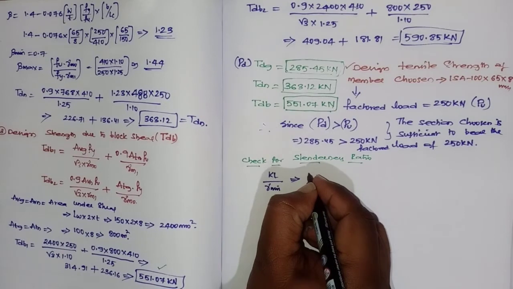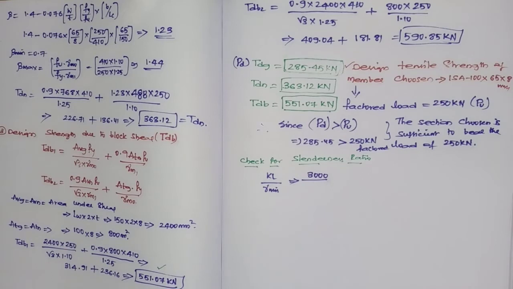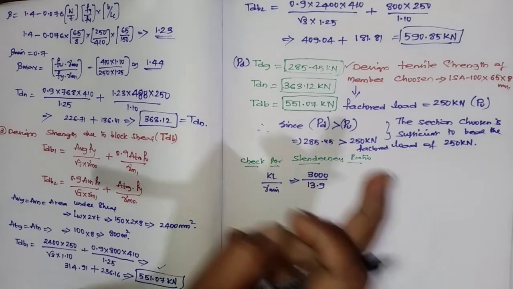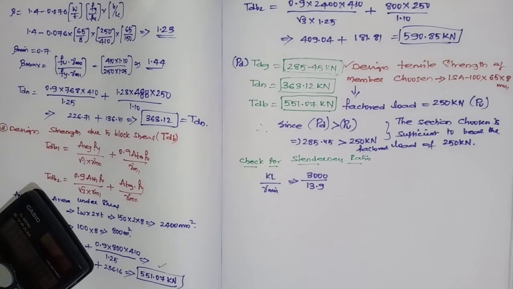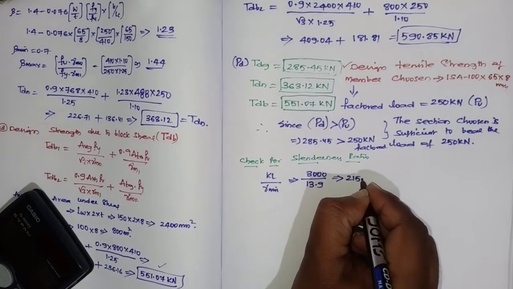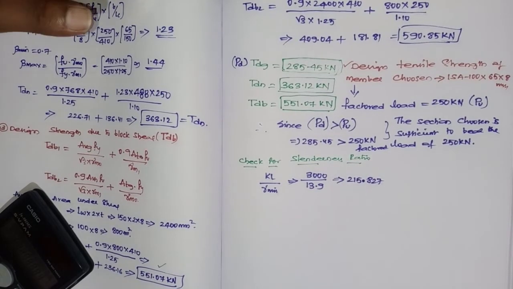They have given the length of the member, right? 3000 divided by r minimum. r minimum you can obtain from what? From the steel table, that is 13.9 for the 100 by 65 by 8 mm. Okay, that is 3000 divided by 13.9. So you are getting 215.827.